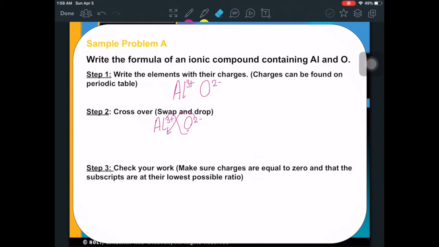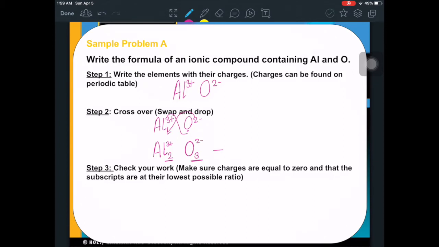So I'm going to end up with 2 aluminum atoms, each one has a +3 charge, and 3 oxygen atoms, and each one has a -2 charge. Remember, the charges have not changed. The only thing that we were achieving by doing this crossover is finding out how many atoms of aluminum and how many atoms of oxygen I have, okay?